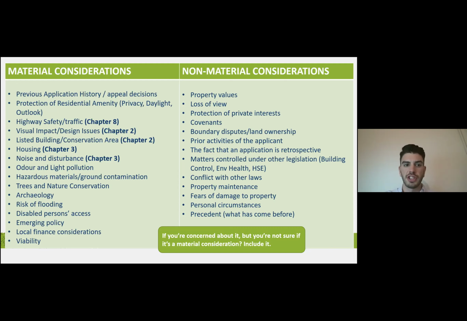I believe that falls under chapter 3 of the local plan. You've got highway and safety traffic, which is chapter 8. You've got your visual impact and design issues. I know you mentioned one of the towers being 15 stories tall and right next to the road. So look at the visual impact of that, and does it relate well to its surroundings, etc.